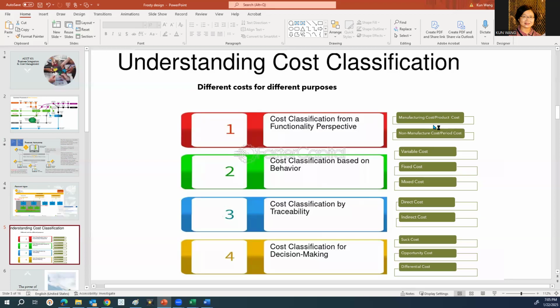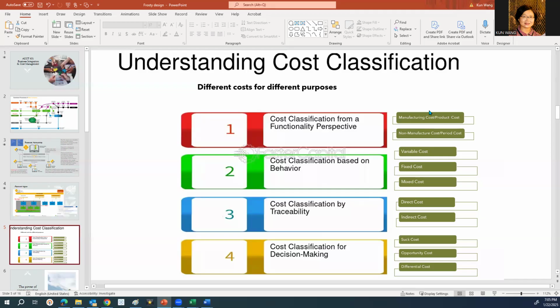So when we talk about the manufacturer cost and the non-manufacturer cost, your focus is normally on the income statement, the external income statement we offer to the users, because the cost of goods sold, the item before the gross margin, is referring to the product cost.